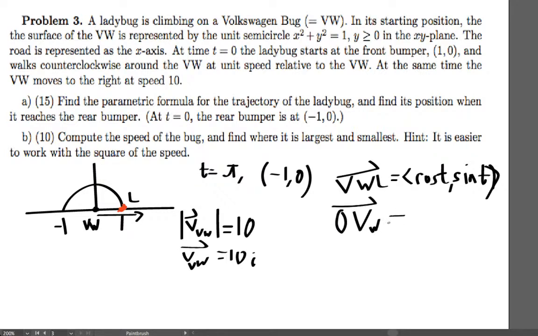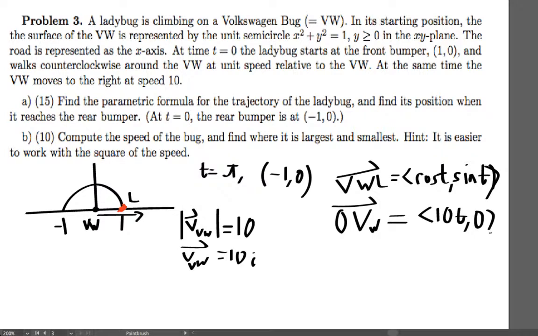OVW here is (10t, 0). T here is the time, but obviously we just assume everything is the same. How did I get 10t? Well, speed is velocity times time. You know about that. I just did that for a constant speed.